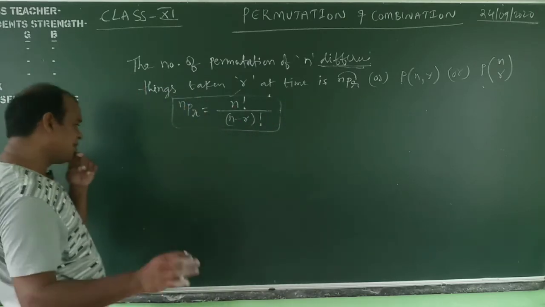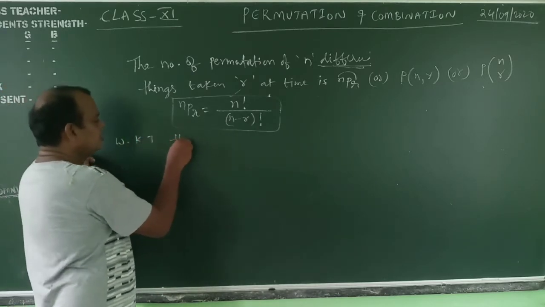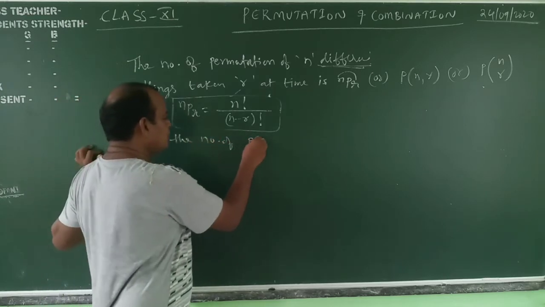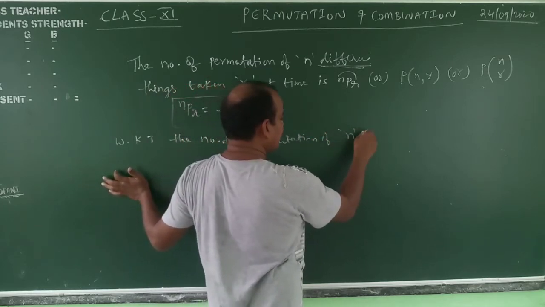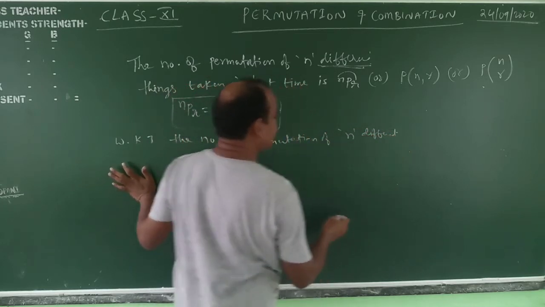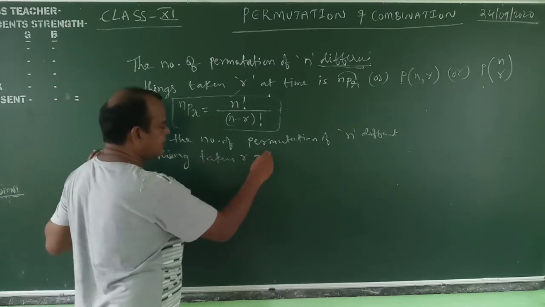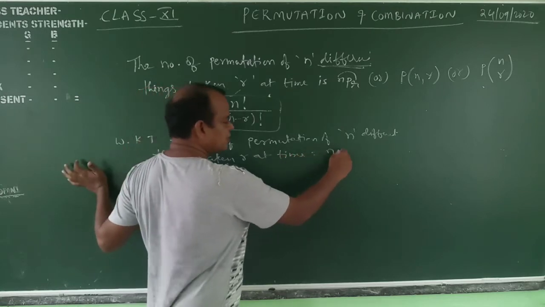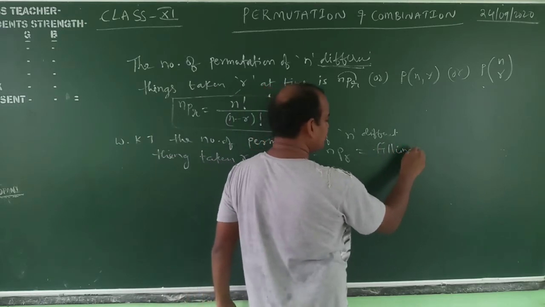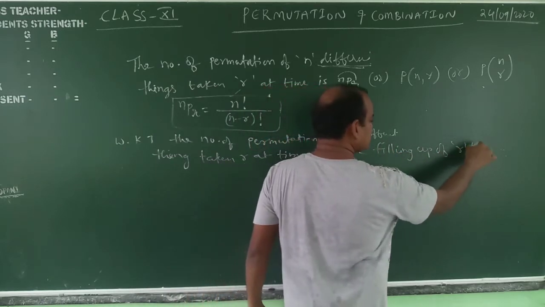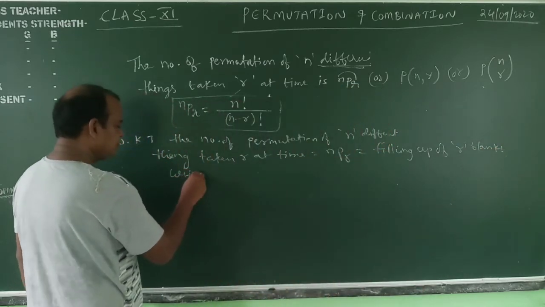Okay, my dear students. Now what I am telling you: first we know that the number of permutations of n different things taken r at a time, that is nPr, is equal to filling up of r blanks with n different things.